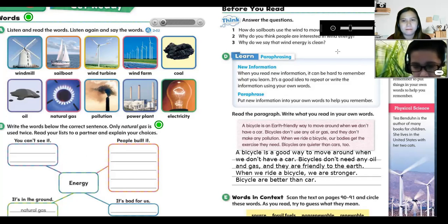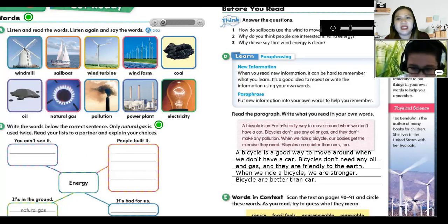I'm finished. Okay, so let's read. I will read first the original paragraph, then you will read your own. You'll read your paraphrase paragraph after, okay? Here.